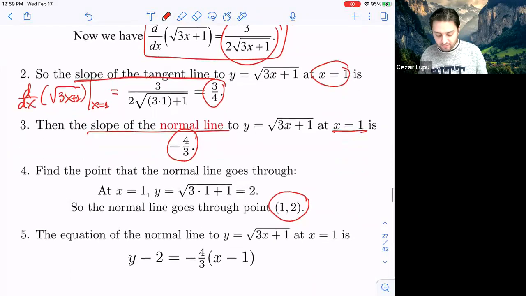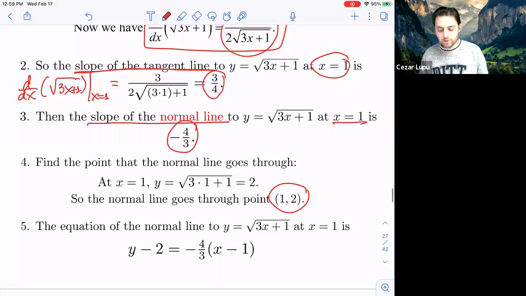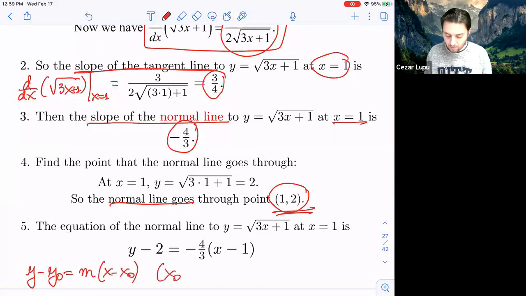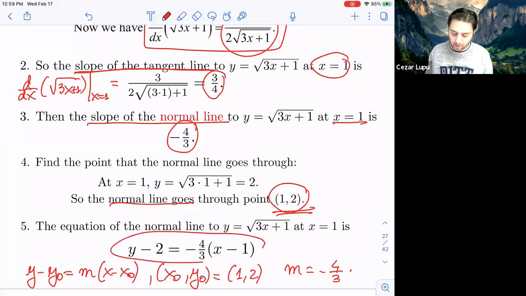All right, and finally, the equation of the normal line: since it goes through this point, usually it's y minus y0 equals the slope times x minus x0, right? So in our case, (x0, y0) is (1, 2), and the slope is -4/3. And here we go. So that's the equation.